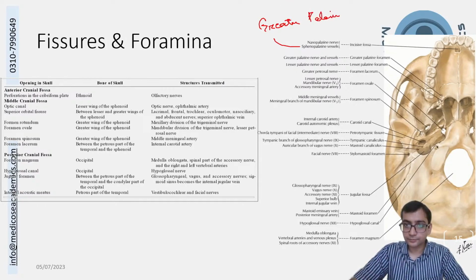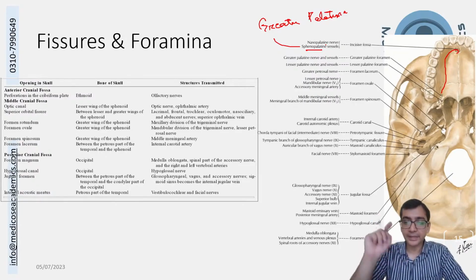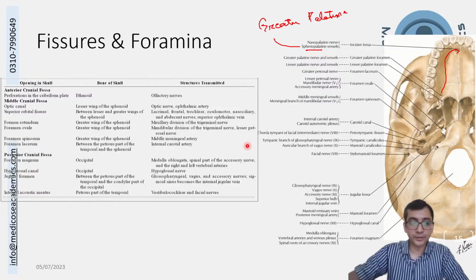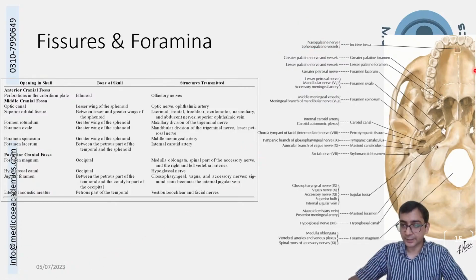Because the greater palatine artery is the one that comes from here and goes inside, and from the nasal aspect the sphenopalatine vessel is coming downwards. Both of these anastomose right here. So in addition to sphenopalatine you may get the heading of greater palatine also. Don't be worried, it is because these two are fusing right here.